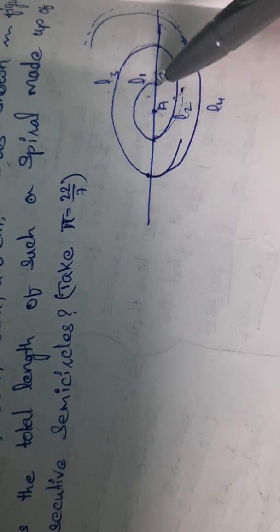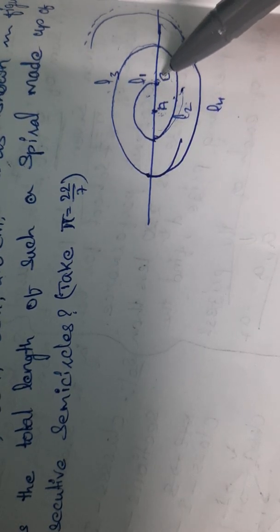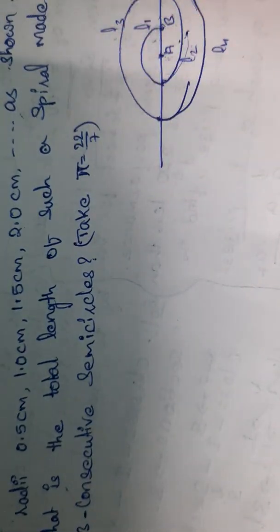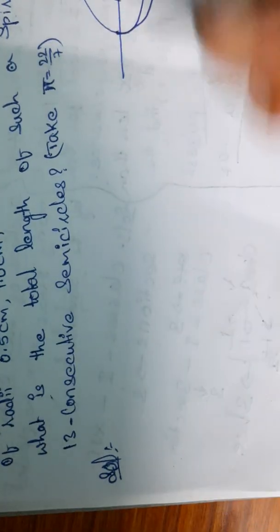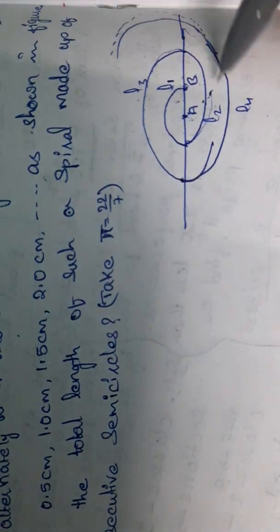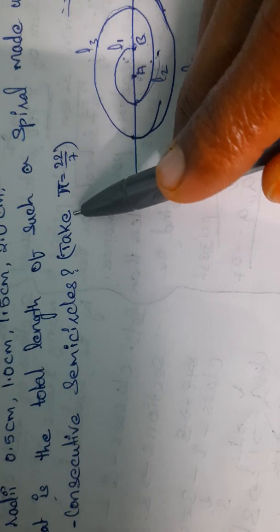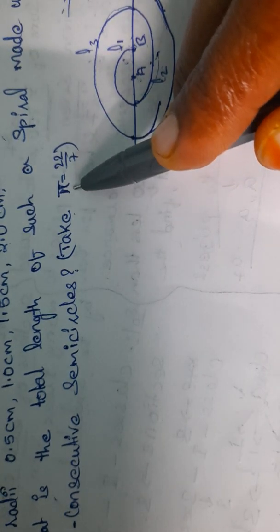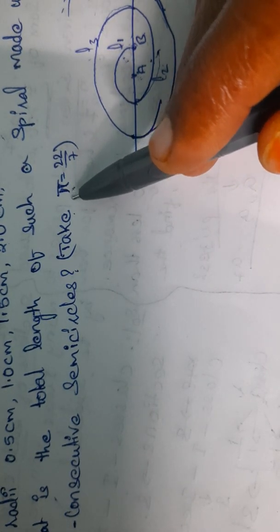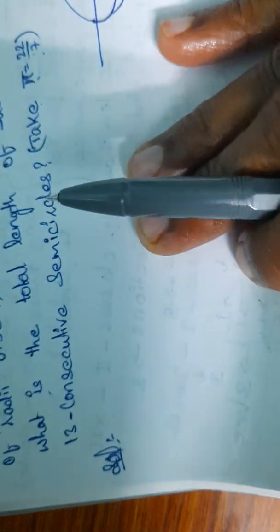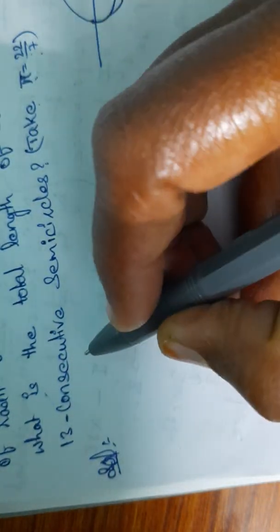Once we get A as center, and another time we get B as center, and they are consecutive, meaning continuous. So he is asking us to find the length of this total spiral. I hope you understood. Let us solve this. And the question says to take pi as 22 by 7. Okay, let us start solving the question.